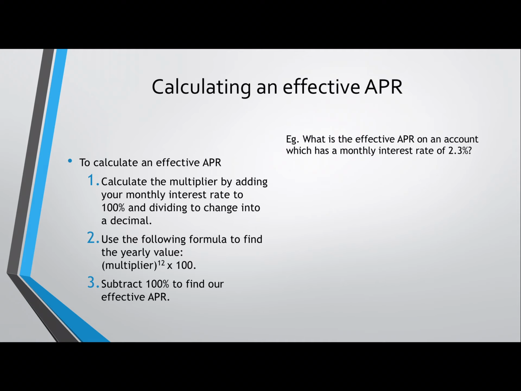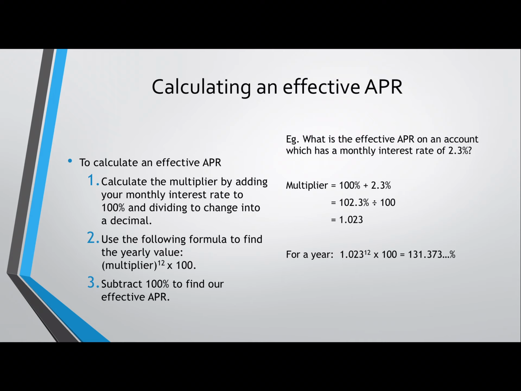So here we go. What is the effective APR on an account which has a monthly interest rate of 2.3%? Our multiplier: we've got 100 plus the 2.3, so we get 102.3%. We need to divide that by 100 to change it to a decimal, so we get 1.023. Step 2 now, we put it in as the multiplier: 1.023 to the power of 12 times 100.